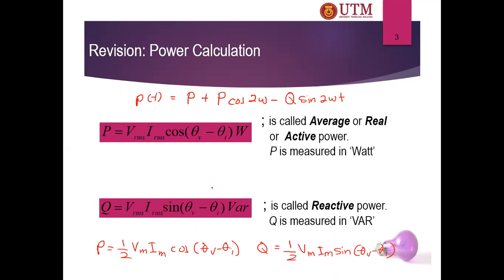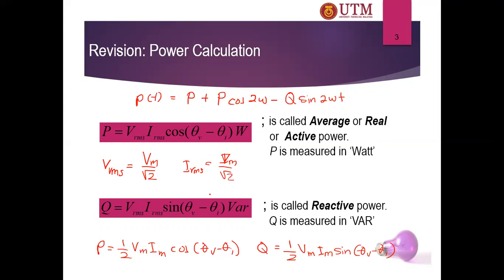But we can also write this equation of average power and the reactive power in terms of RMS value. So we know that VRMS is equal to Vm over square root 2, and also IRMS can be calculated based on Im over square root 2.